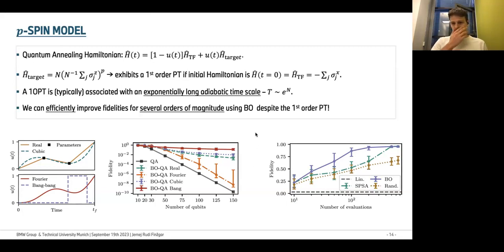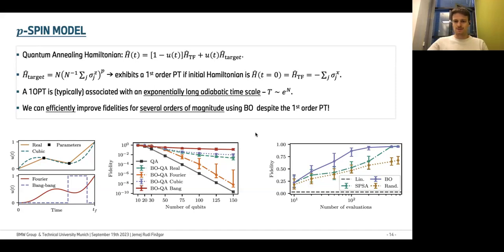Another nice thing, and this is maybe a relatively important point when one considers Bayesian optimization for this use case, is the fact that Bayesian optimization does not use any gradients and so on, which means that it has certain features when it comes to its efficiency and when it is best deployed. So of course, if you have access to millions of executions, there will be methods which will converge better in the long run.